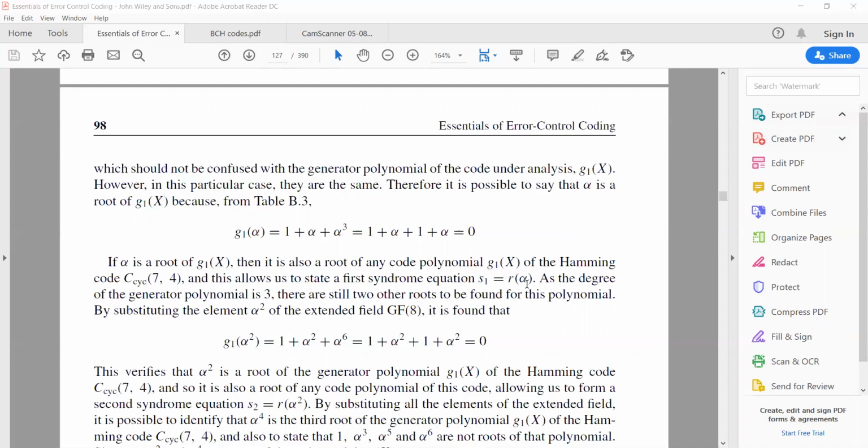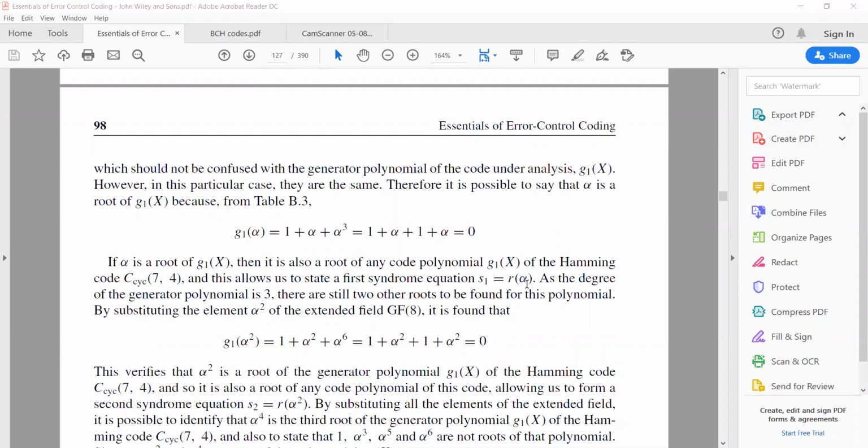So when we receive another code bits, then that received code polynomial should possess the same roots, which is alpha, or the roots of the received code polynomial should match with the known roots of the generated polynomial, which is alpha.